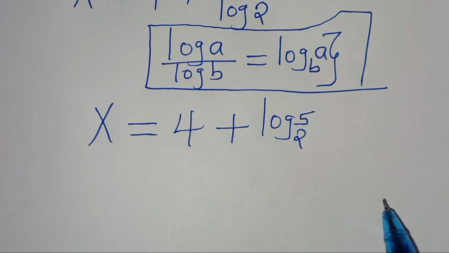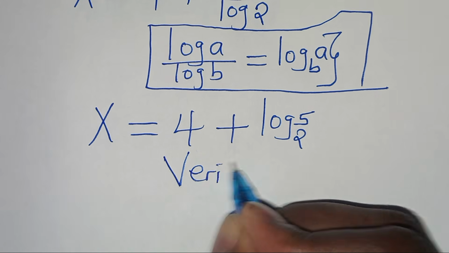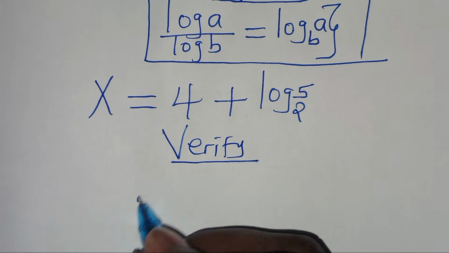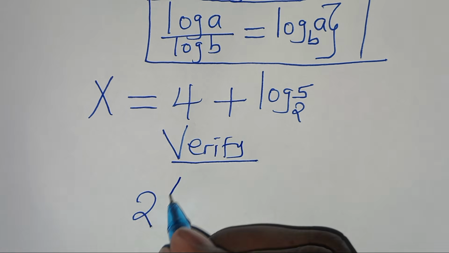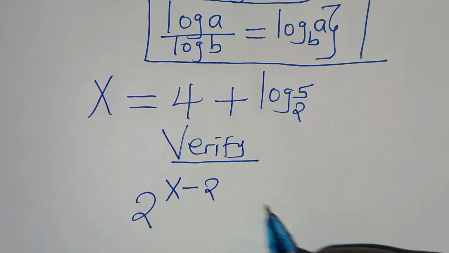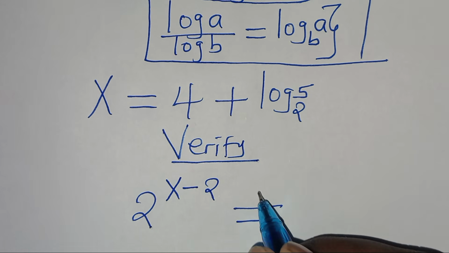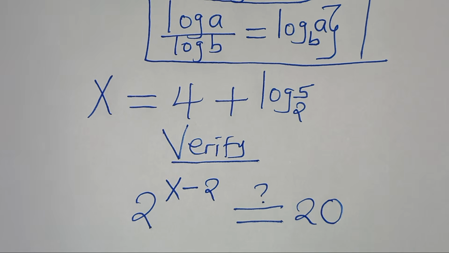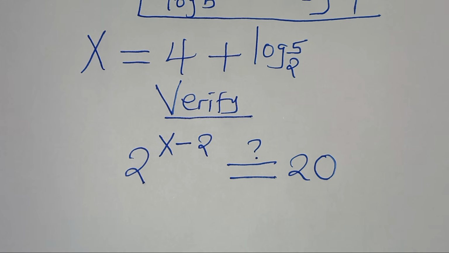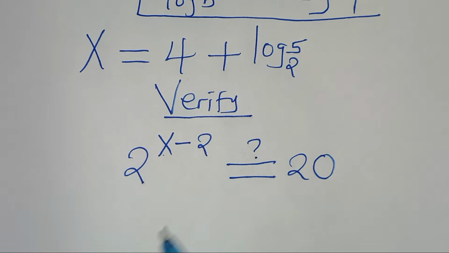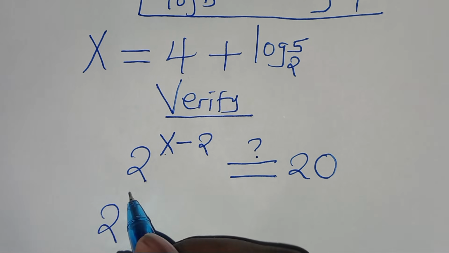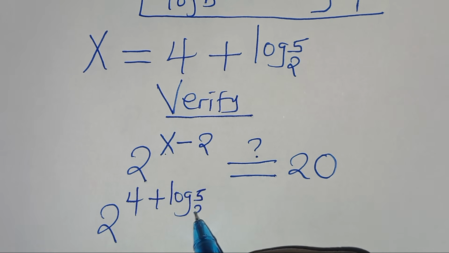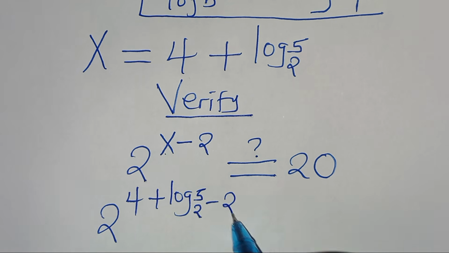The next step is to verify. Let's verify that this value of x satisfies the equation. So we have that 2 raised to the power of x subtract 2 is supposed to give us a value of 20. Now let's substitute the value of x here, so that now we have 2 to the power of 4 plus log 5 to base 2, then subtract 2.